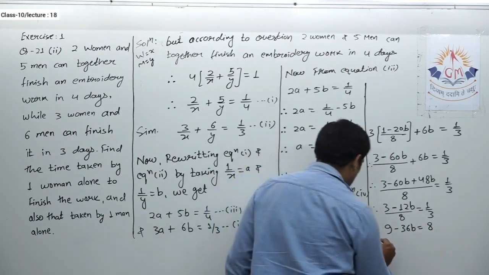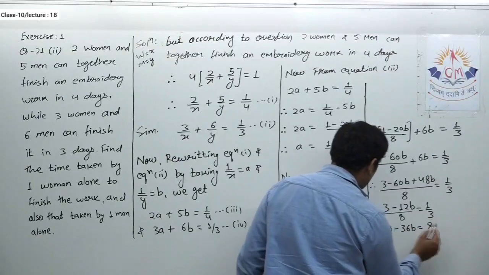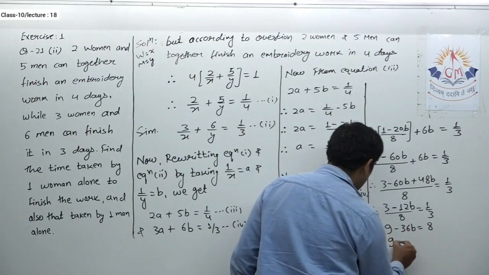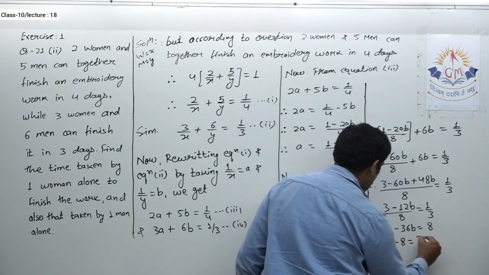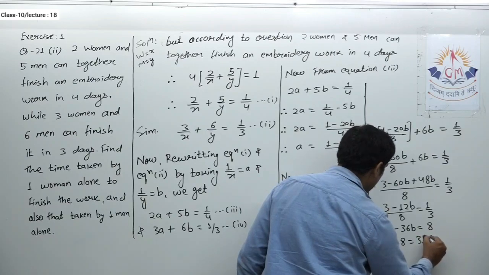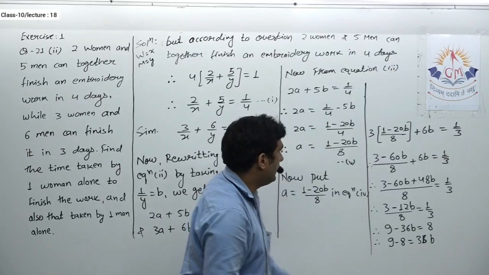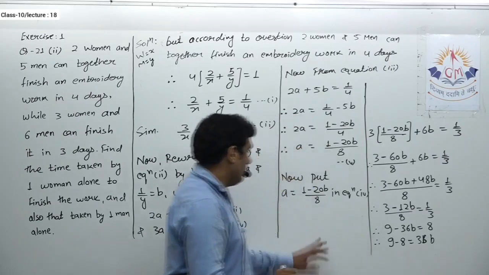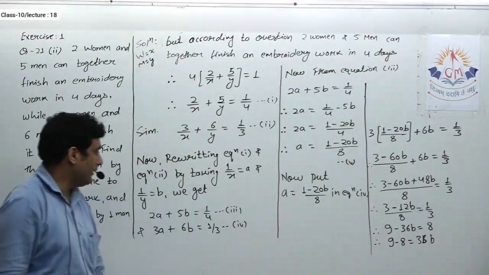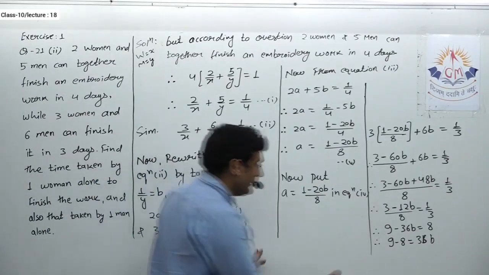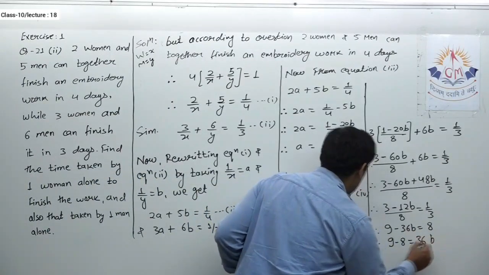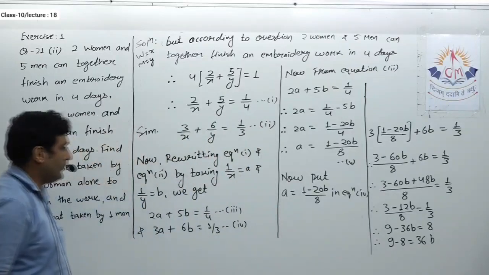Okay, so ultimately here I will get 9 minus 8 is equal to 36b, which gives me b is equal to 1 upon 36. Note it down up to this point and then I will continue this in a separate portion.